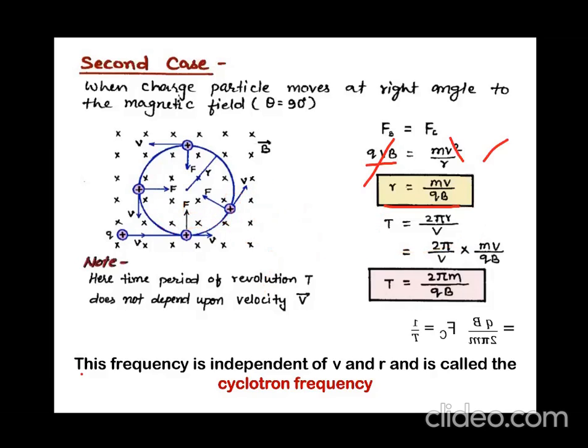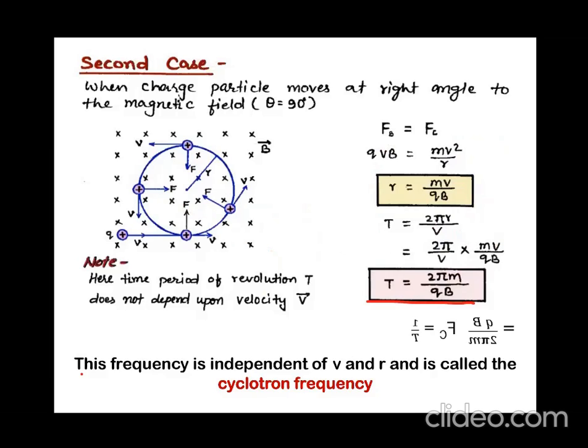Now, the r value we can put over here. On putting the value of r here, v will get cancelled and the time period formula will be 2 pi m upon q B. The time period of revolution is the time taken to complete one revolution.